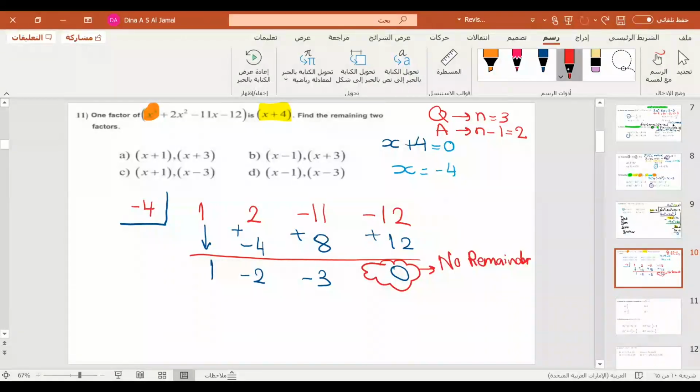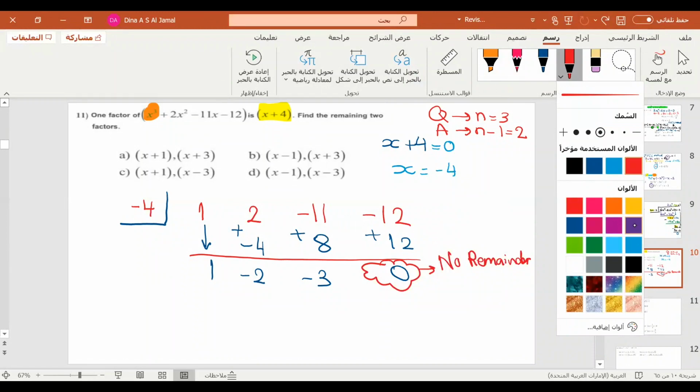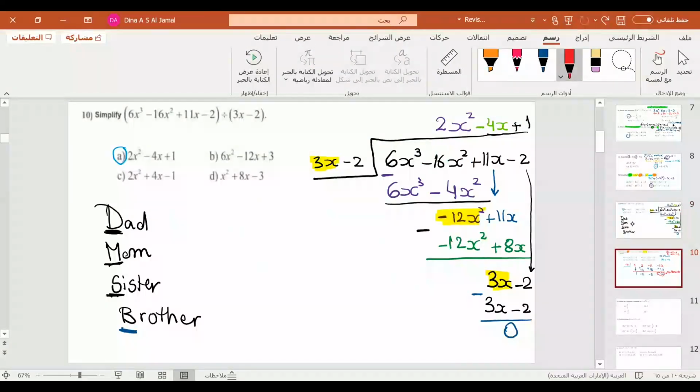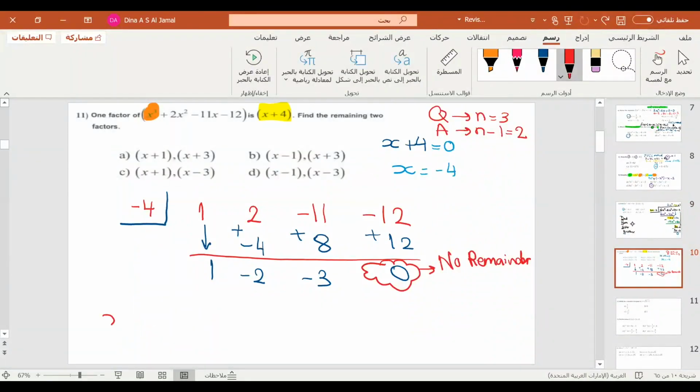That means your depressed polynomial must have x squared minus 2x minus 3. So this is your depressed polynomial.